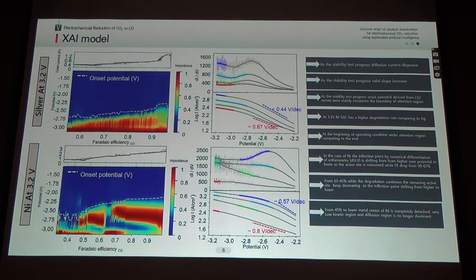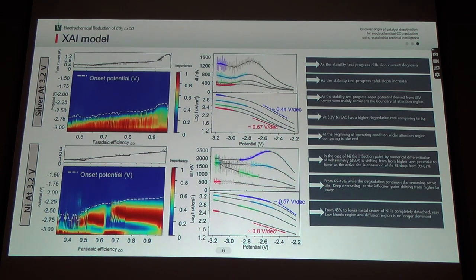So in the case of the nickel, the x-axis is representing the Faraday efficiencies of the CO. But as you can see here, in terms of the long-term stability, the nickel's performance dropped sharply compared to the silver. We would like to know the reason.